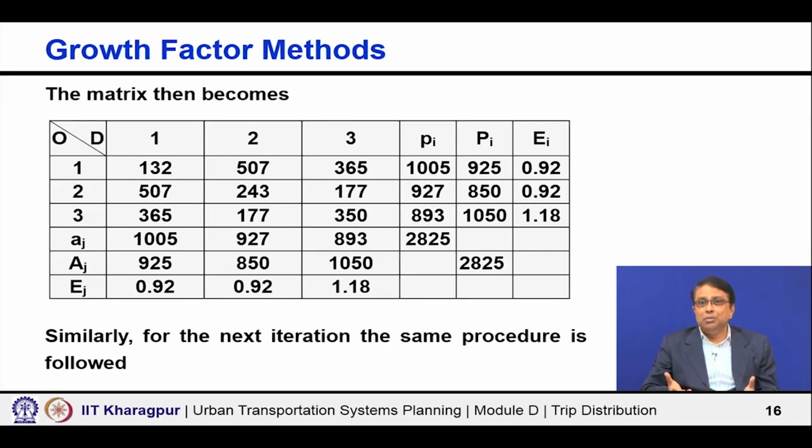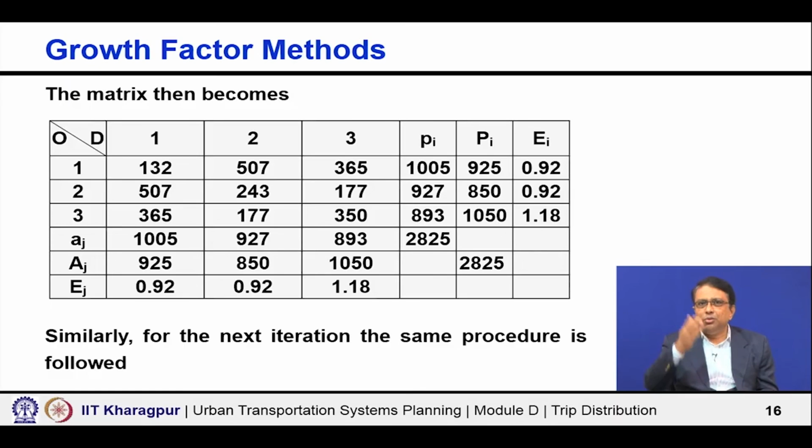Somebody may say as well 0.99 to 1.01, okay, you set your limit, but then you need more number of iterations, right, and you will see that all these cell values will get adjusted slowly in such a manner that your target total and what you will get from your updated matrix for each zone will match more closely.